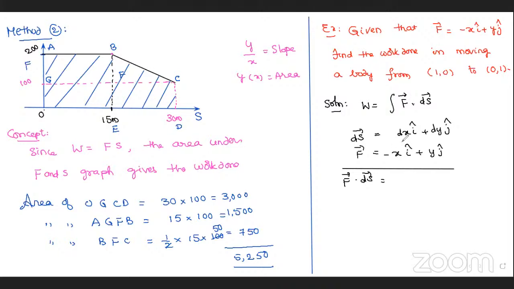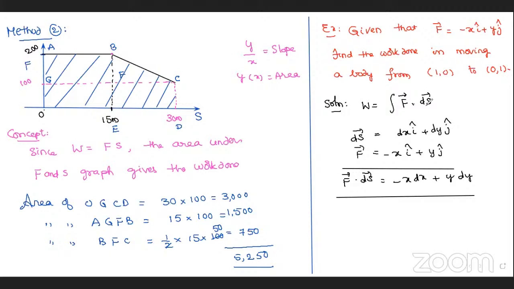The i cap coefficient into i cap coefficient, that is minus x into dx, plus the j cap coefficient y into the j cap coefficient dy, y into dy. So I got the dot product as F dot ds equals minus x dx plus y dy.